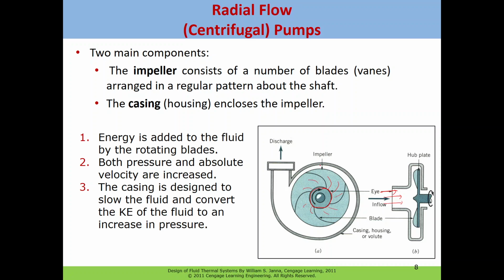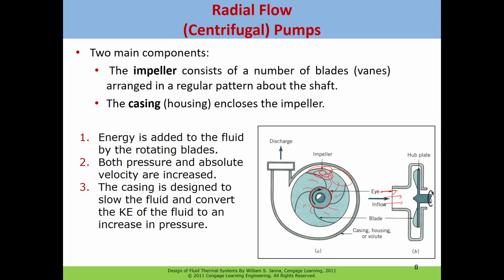When the pressure in the pump is very high, the pressure at the exit of the impeller, somewhere here, is also very high. When the pressure here is very high, some of the fluid doesn't go out, and it recirculates here.